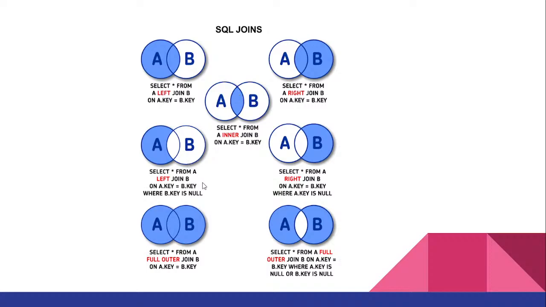When we say left join with the condition we'll look into later, it gives us the A data, removing whatever is common with B. So it is equivalent to the minus operation. Same with right minus, you'll get B, and whatever is common would be deducted.